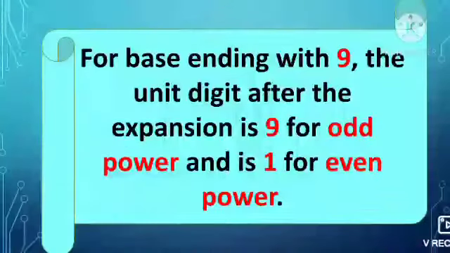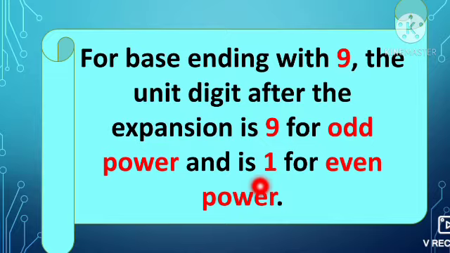For the base ending with 9, the unit digit after the expansion is 9 for odd power and 1 for even power. For example, students, let us take 9 power 1, where 1 is an odd power. 9 power 1 is 9, so we get the unit digit as 9. If we take 9 squared, here 2 is an even power.